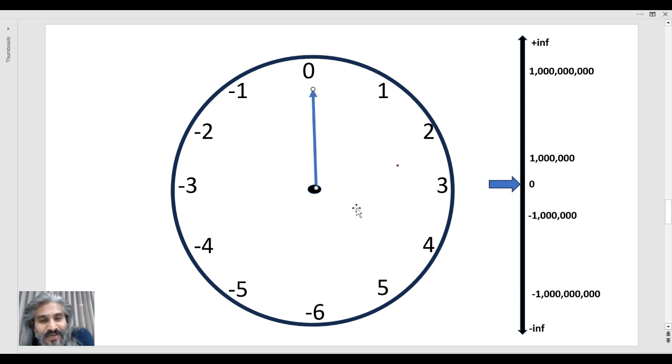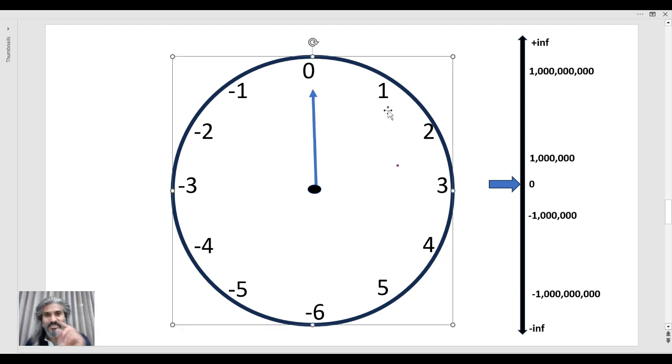Now that we have negative numbers, let me adjust this clock to a power of 2, and then we will continue with our transition to binary numbers.